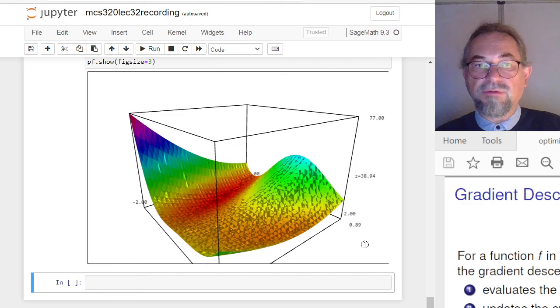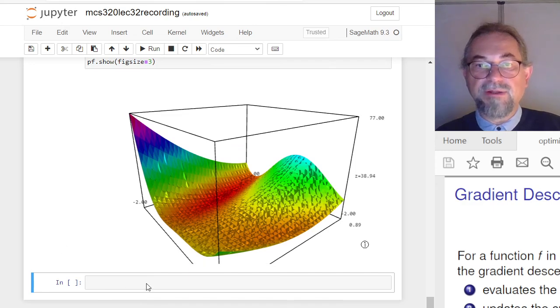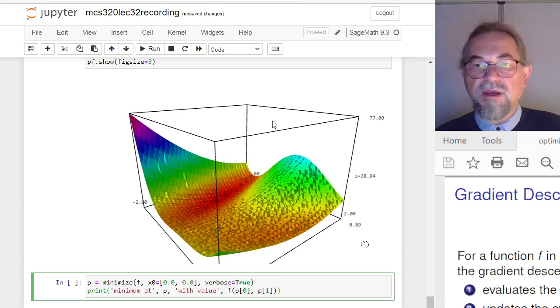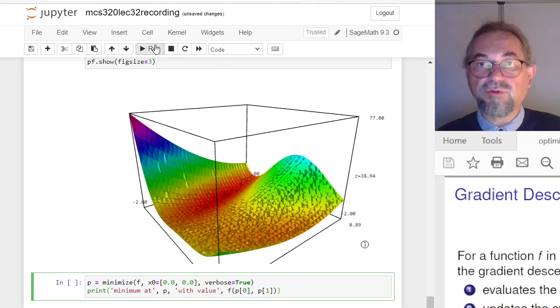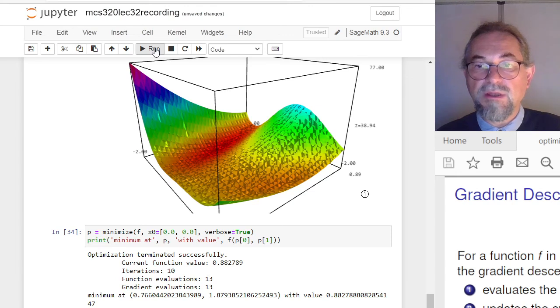Okay, so how do we solve this now? Well, I will apply the gradient descent method on this problem, which is here applied with the minimize method. I have to provide a starting value. If I don't have any starting value, I will choose the origin.